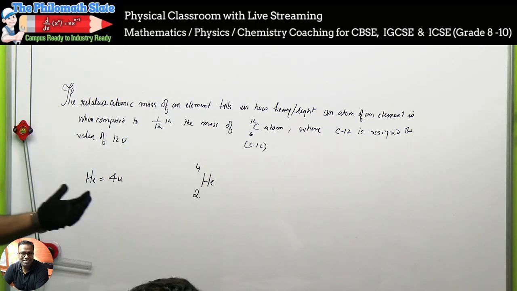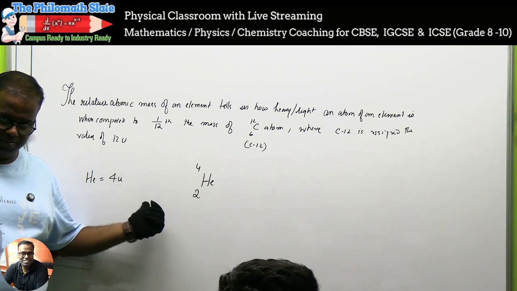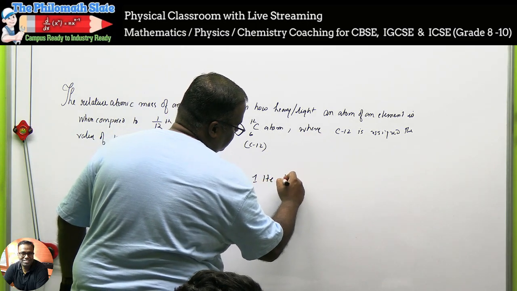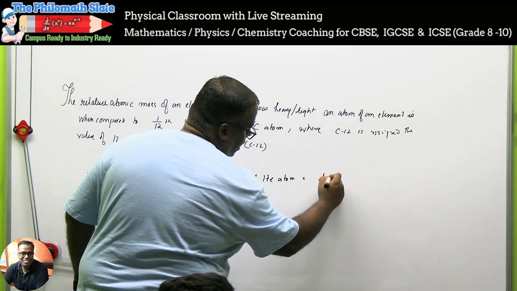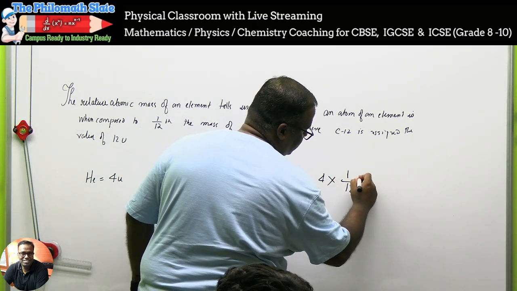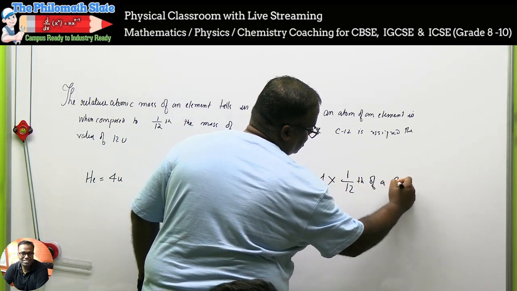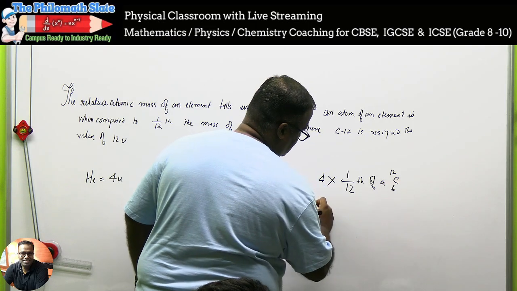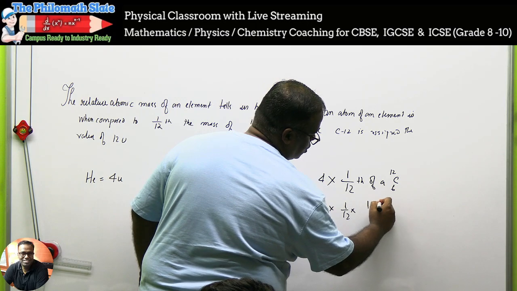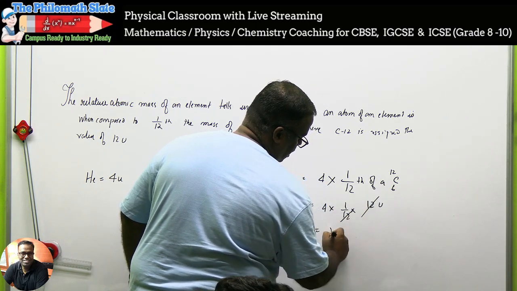It means one helium atom is 4 times as heavy as 1/12 of a carbon 12 atom. How much is carbon 12? 12U. The 12 cancels out, so helium is 4.